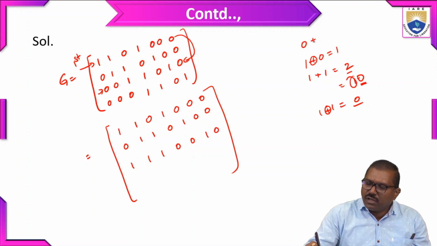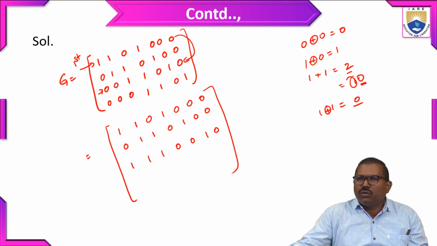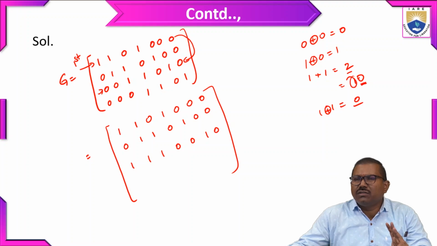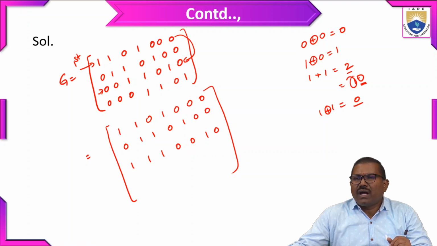So 0, 0 XOR also 0. You know only 3 terms. One is 0 XOR 0, what is the result? 0. 1 XOR 0, what is the result? 1. Or 0 XOR 1, also the same, 1. And when both are 1s, 1 XOR 1, the result is 0. Okay.